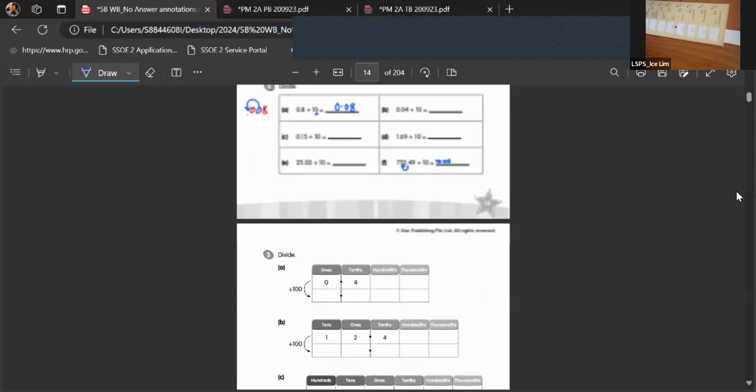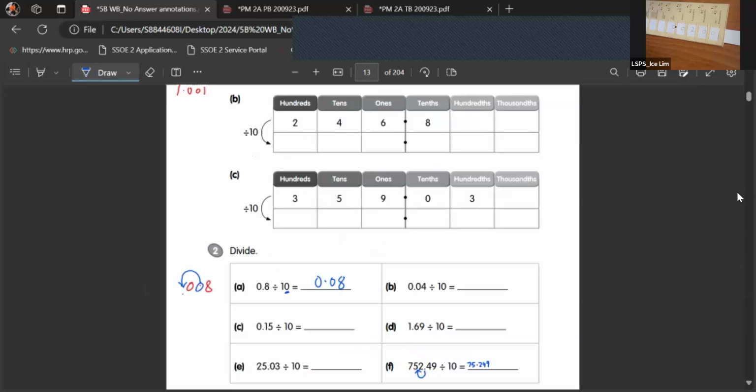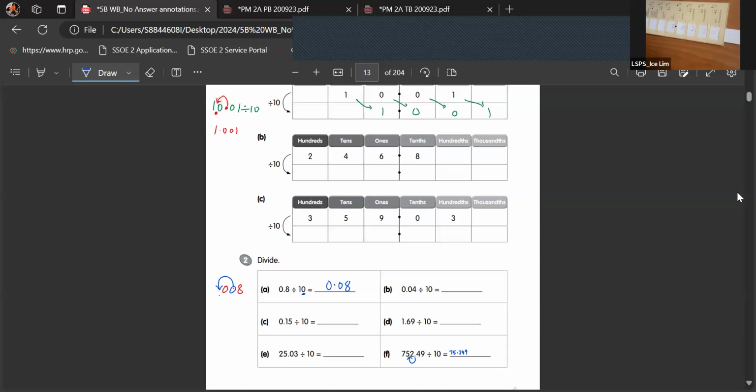Starting here, I think you should be able to manage on your own and you don't need me to explain. I will give you about 3 minutes. You work on this page on your own first before I start sharing the answers with you.